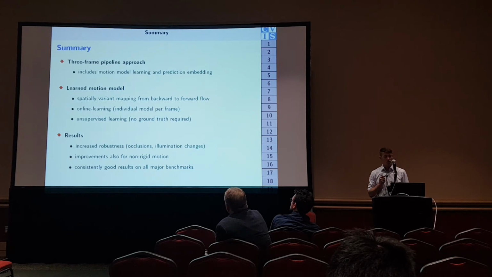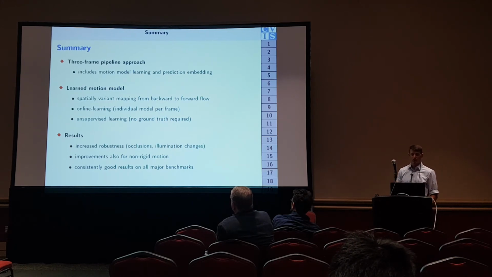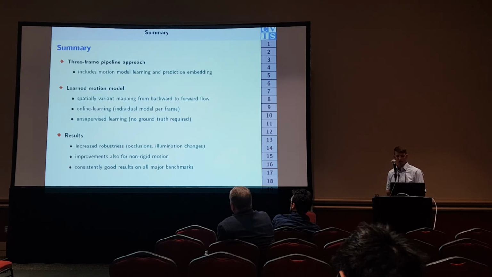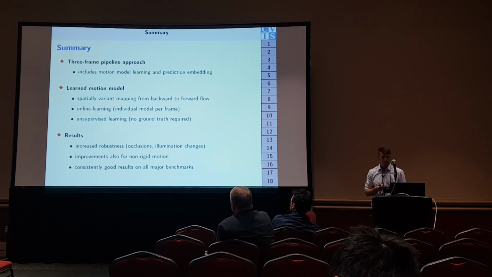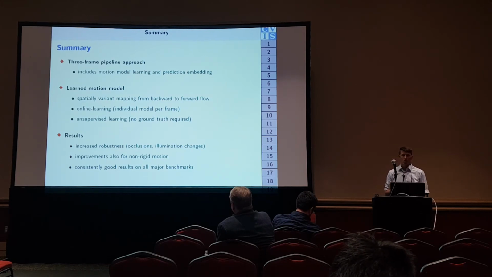And we've trained the network in an unsupervised manner, so we don't require any ground truth data to train it. And regarding the results, we can observe an increased robustness, especially in the case of occlusions or illumination changes. And we also get improvements for non-rigid motion. And finally, we also get consistently good results on all the major benchmarks.